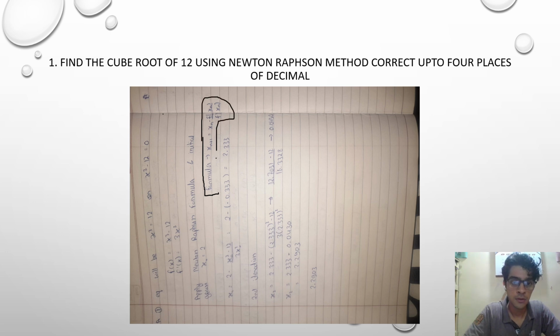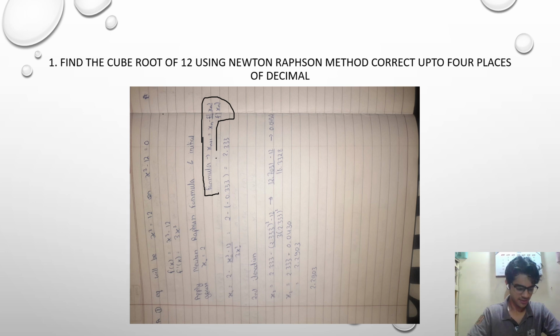This is the formula: x(n+1) equals xn minus f(xn) divided by f dash(xn). We will find different values for different iterations of x. For x1, we get 2 minus (x naught cube minus 12) divided by 3x square.